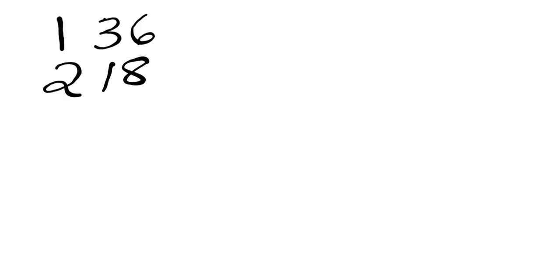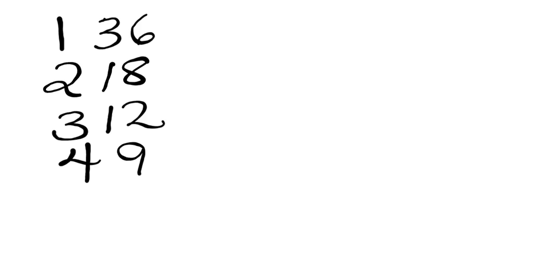So, what you can do, if you have no clue, you can write down everything that equals 36 when you multiply. 2 times what is 36? 18. 3 times what is 36? 12. 4 times what is 36? 9. And then nothing times 5 works, so 6 times what? 6.